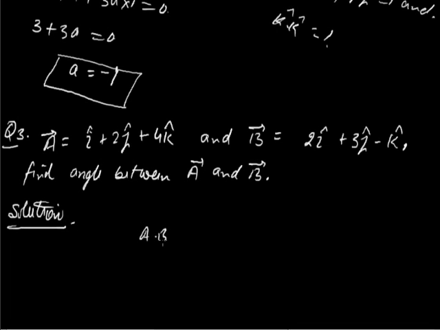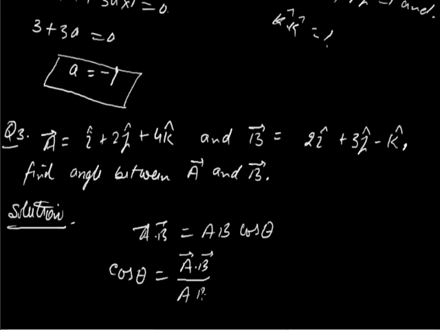A dot B is AB cos theta. So the value of cos theta is A dot B divided by A into B. Suppose this is equation 1.